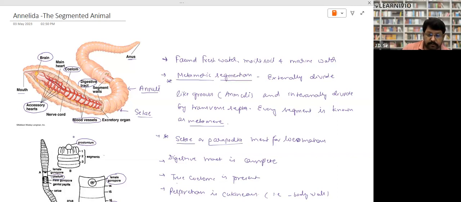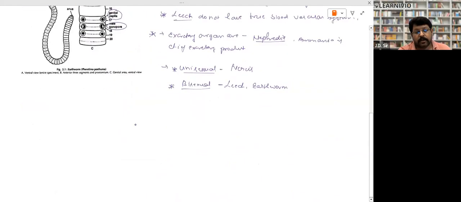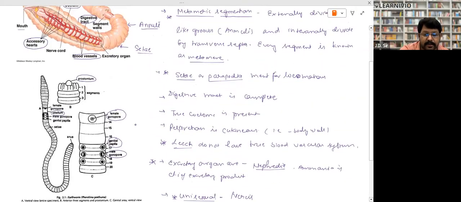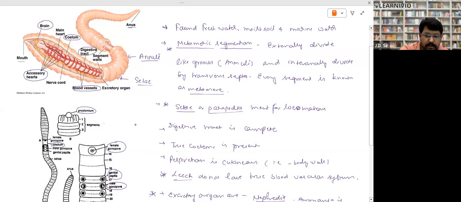One more point that you note down. There is an animal called Nereis, right? It's not written there. I want to show you Nereis.